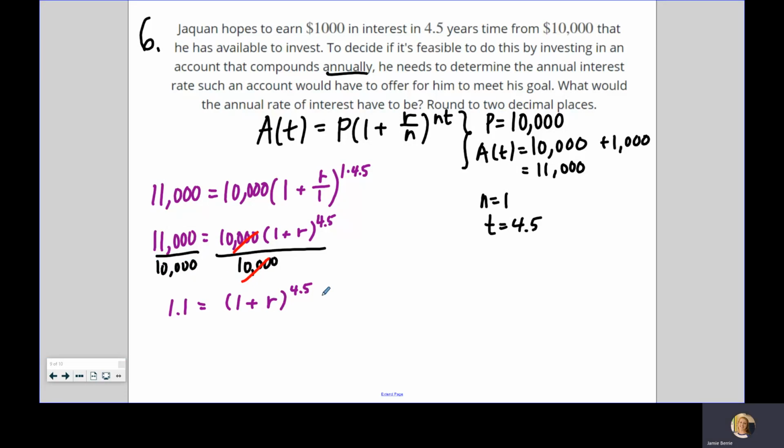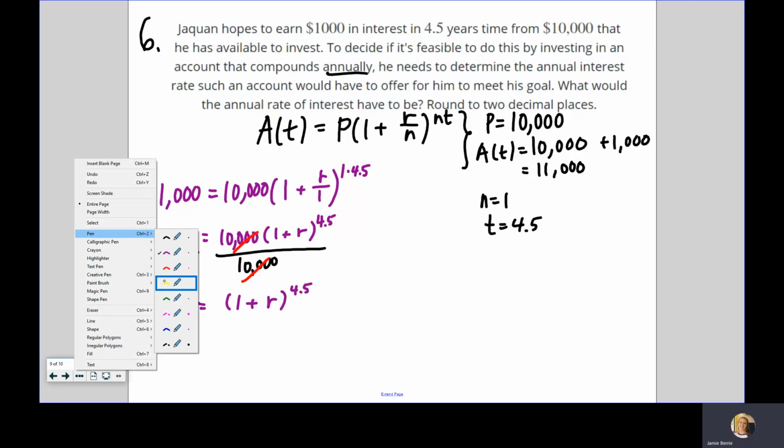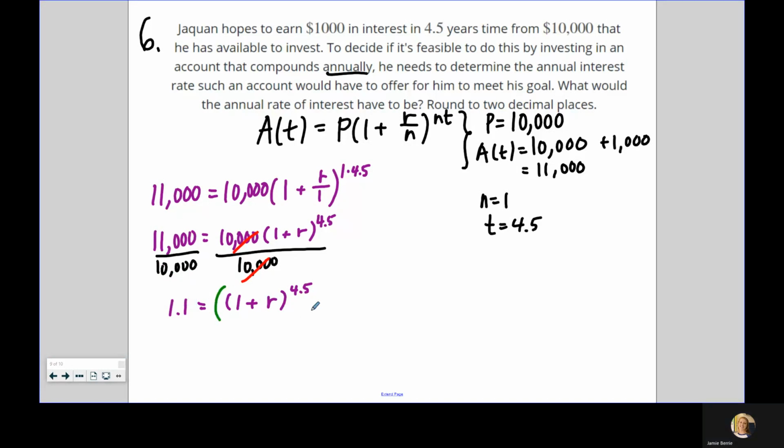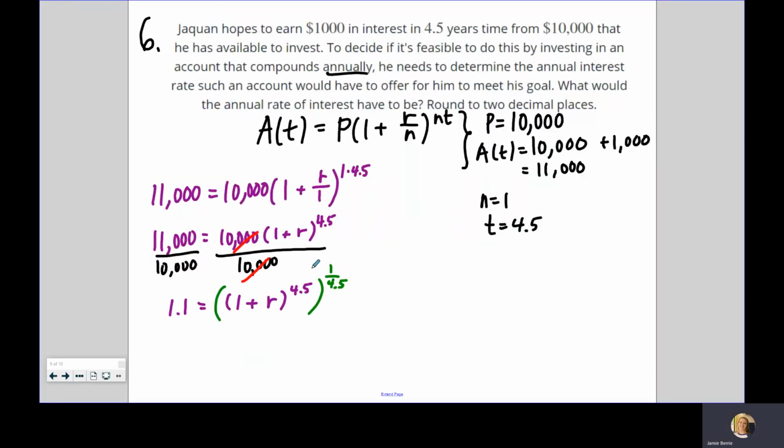All right, and y'all remember what we did here to get rid of that exponent? Remember we raised both sides to the 1 over 4.5 because this is a power to a power, so you'd have to multiply them. And 4.5 times 1 over 4.5 is just 1. Okay, so that's why that little property helps us, because that's going to cancel it out over there.